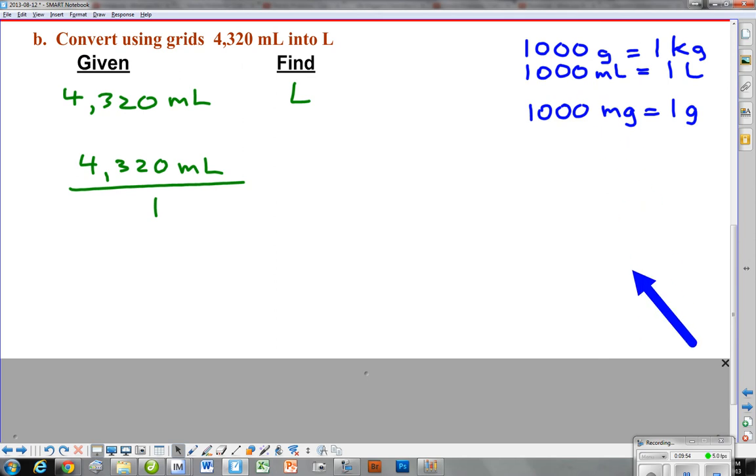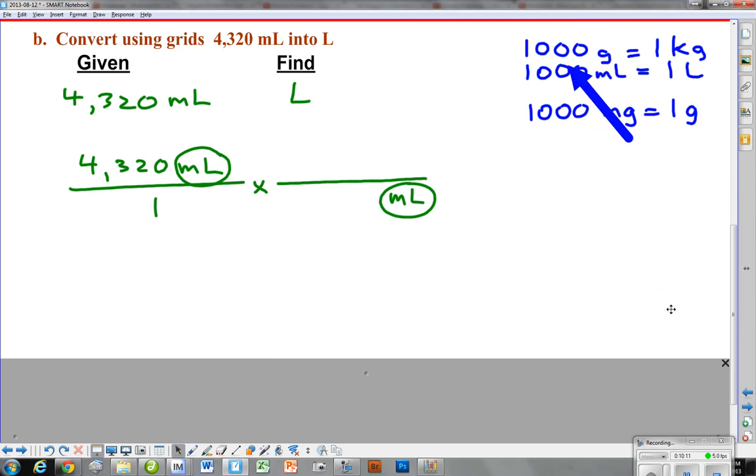So, what we do, just like before, we circle this, make our next fraction, and the mils goes on the bottom. So the number next to mils is 1,000, and so that's going to go on the bottom because that's the number next to mil in the equality, and then the other side of the equality goes on top.